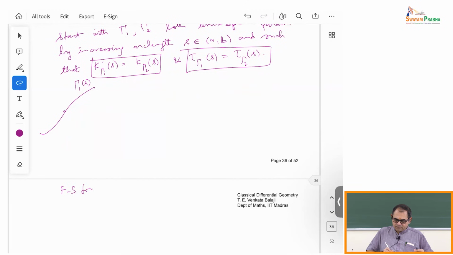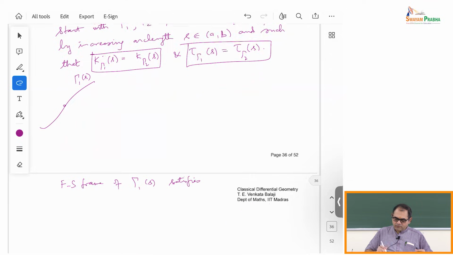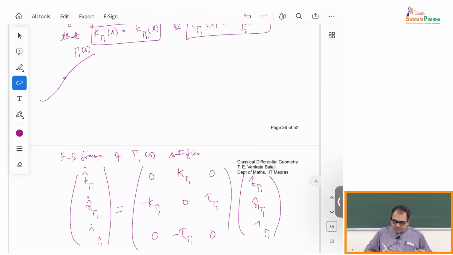So you see, the Frenet-Serret frame of gamma 1 of S satisfies: T cap dot, N cap dot, and the last one is B cap dot on the left side, and T cap, N cap, B cap on the right side, and of course the dot is d by ds.